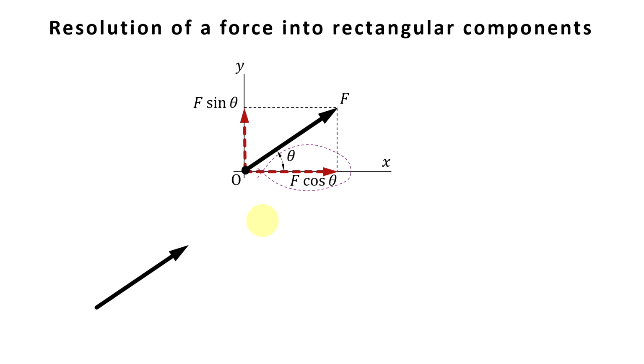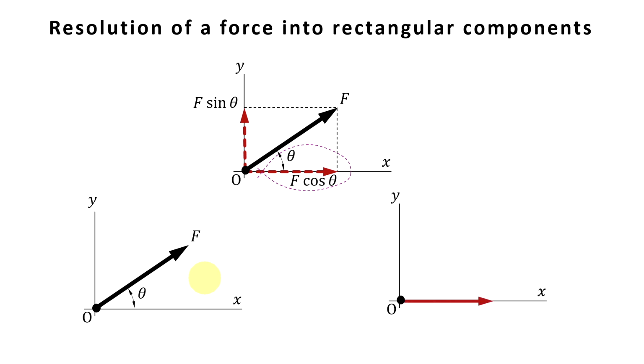Which are the two systems? A system of this single force at an angle theta and a system of the two forces which are perpendicular to each other: force along the x-axis F cos theta and force along the y-axis F sin theta. So these two forces are components of this single force F, meaning these two forces are equivalent to this single force. So these two systems are equivalent systems.